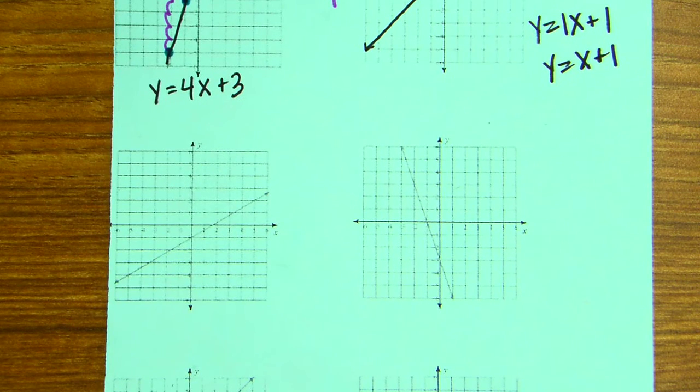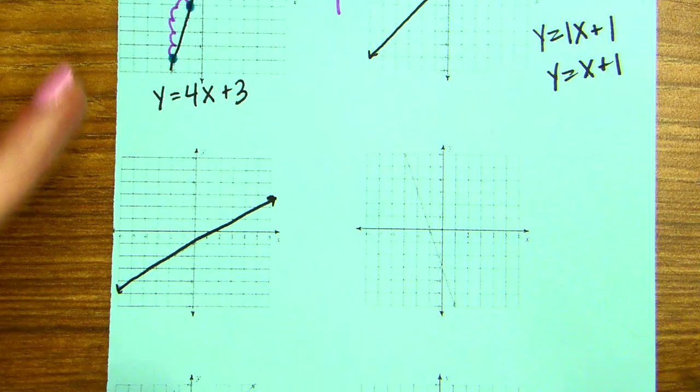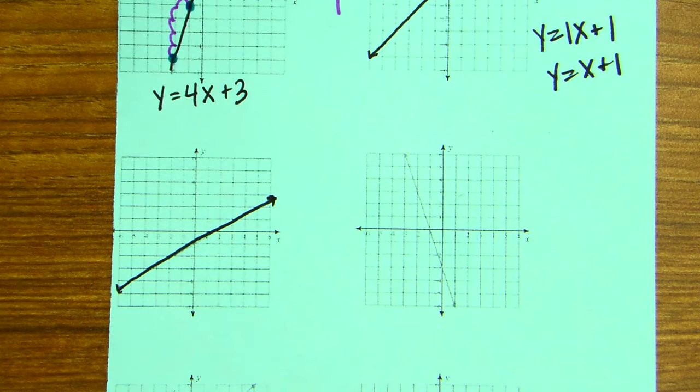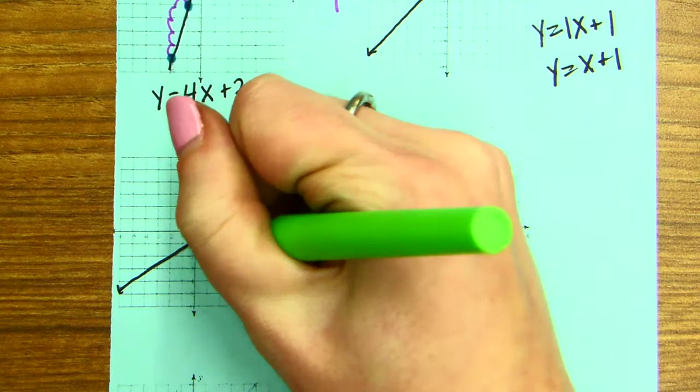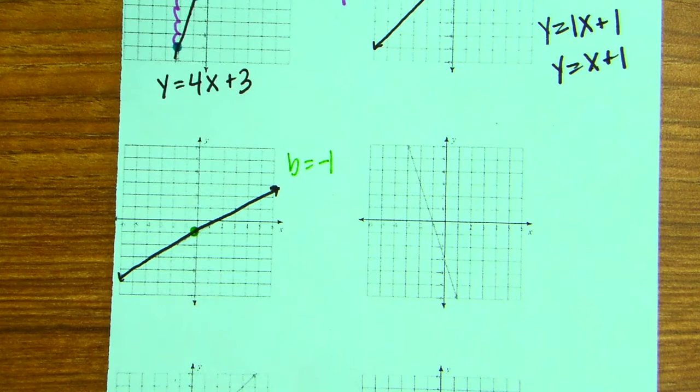Alright, this one I'm going to darken again, just so it's a little bit easier to read. I start with b, so I figure out where it crosses the y-axis. It crosses the y-axis at negative 1. I'm going to look for lattice points, where the line goes exactly through the corner of the graph paper.